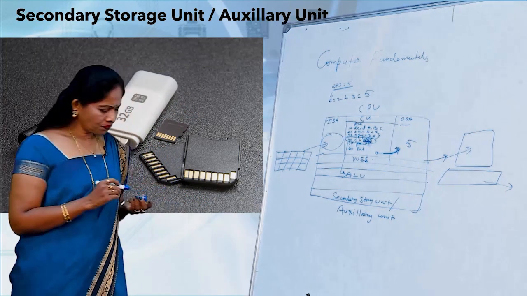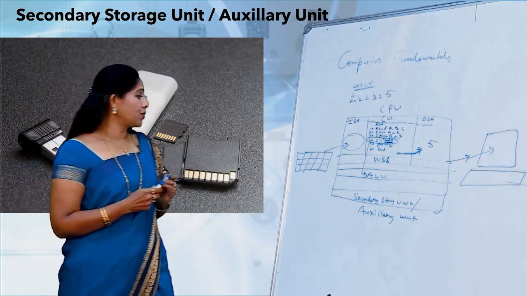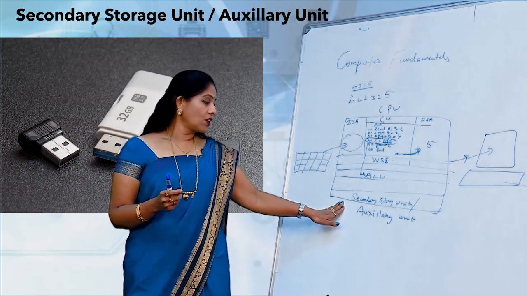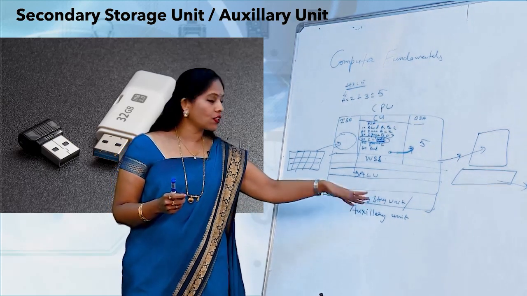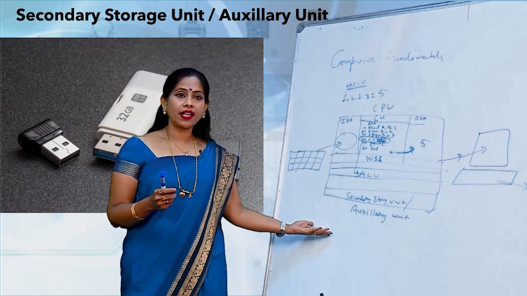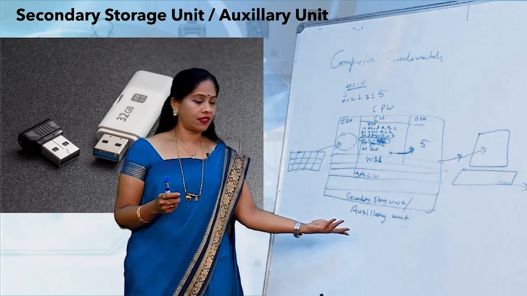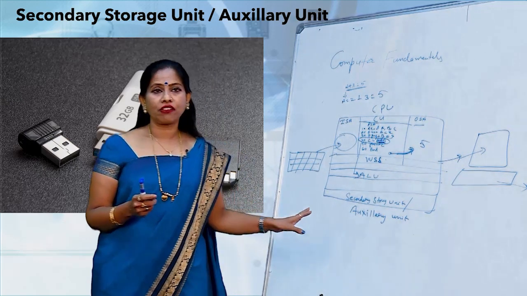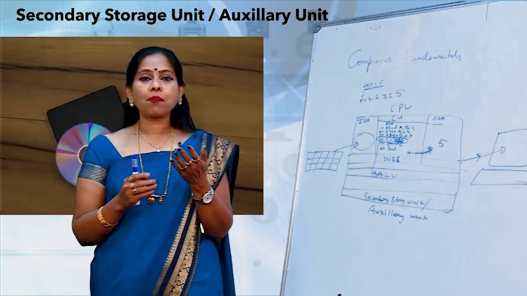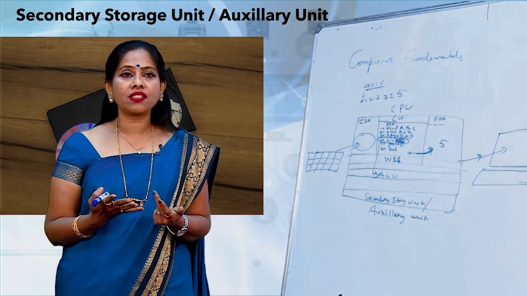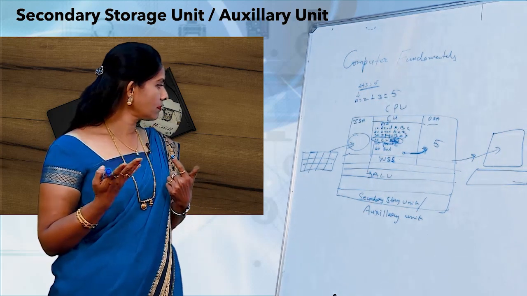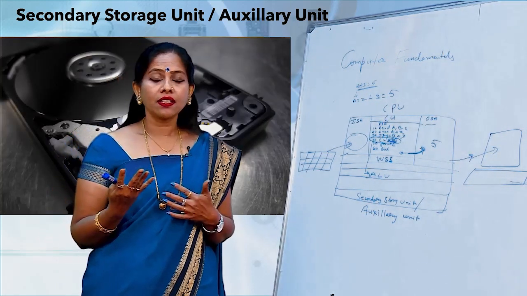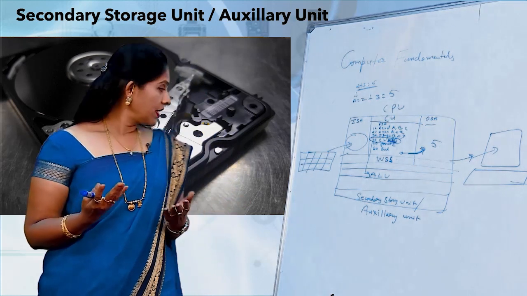Here secondary storage unit is also called as auxiliary unit, or secondary storage devices or unit, they are also called as auxiliary storage devices. What are these secondary storage devices? They are pen drive, DVD, CD, read, write, and then external hard disk, they are all your secondary storage devices.